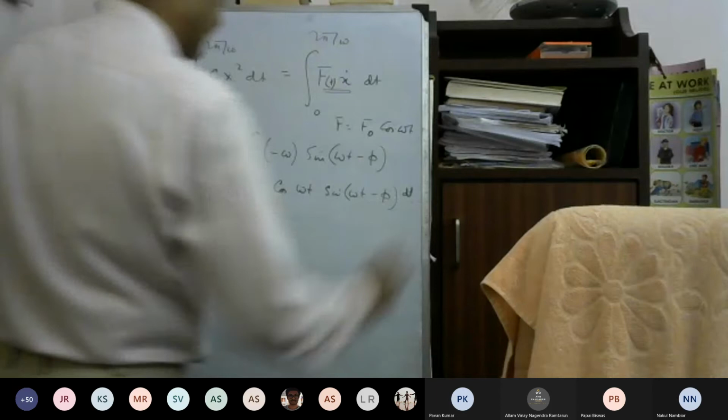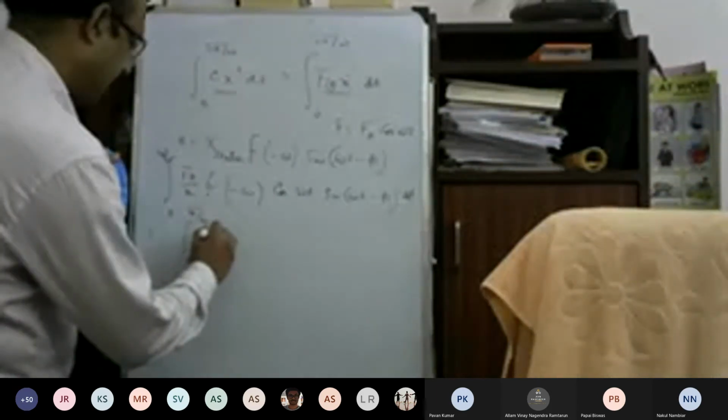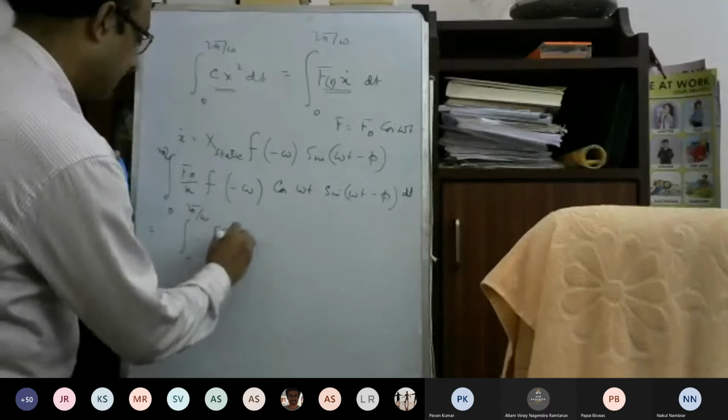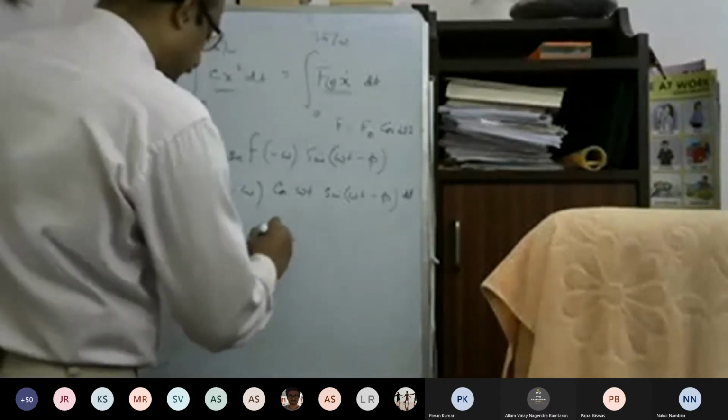I am not much bothered about this part, that is f naught by k times f times omega with a negative sign.